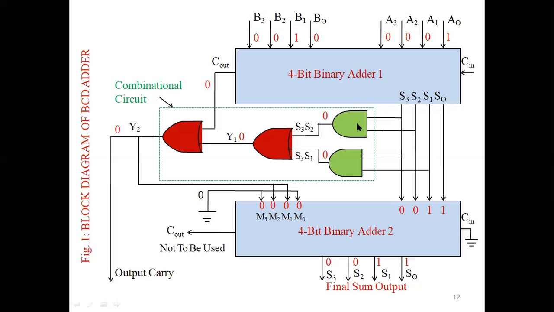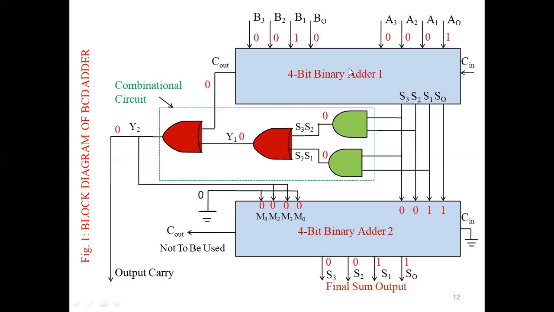And here S3 value is 0 and S1 value is 1. One is 0 and the other is 1, so the output is 0. So 0 plus 0 is 0.